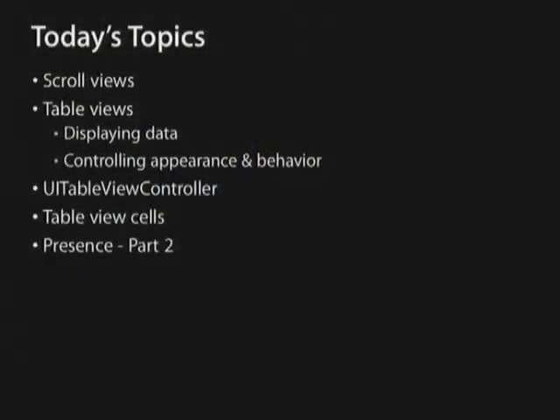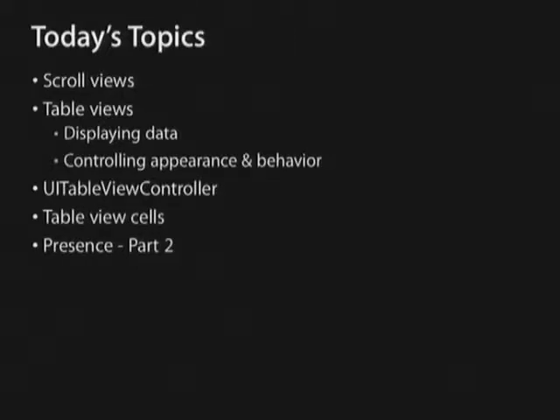We're going to talk about scrolling today, though. As you know, the screen's fairly small on these devices. You can't get a lot of content on there. You need some way to be able to scroll, and virtually every app on the system makes use of that. So we'll start by talking about the basic scroll view class. Then we'll talk about table views, which are a subclass of scroll view, how you can get data in there, and control some appearance.